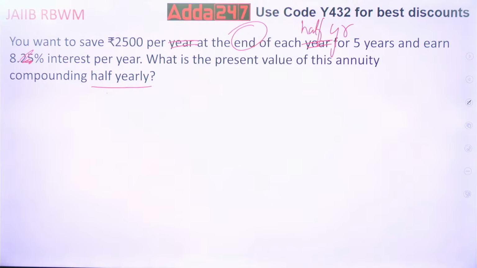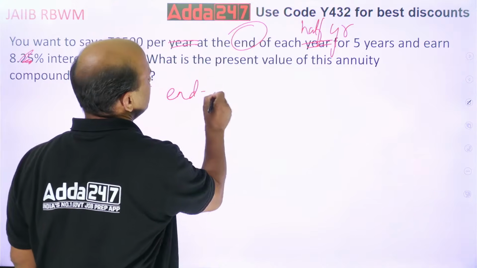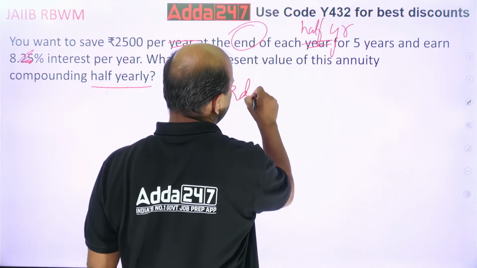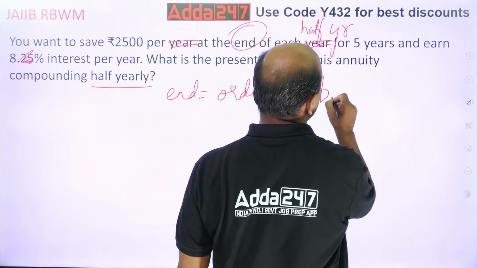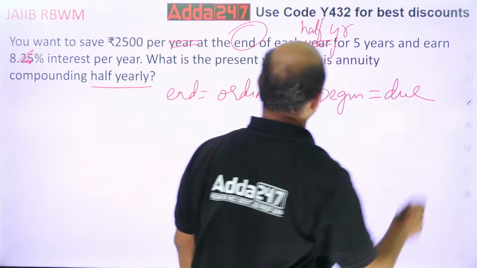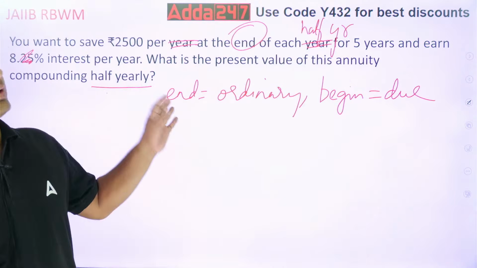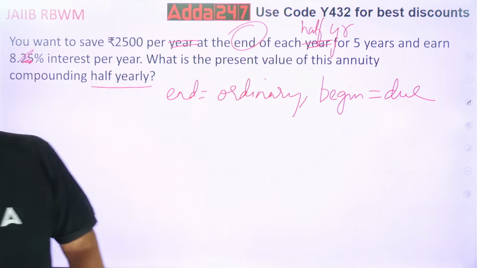Correct? End means ordinary. Very good, Danishka. End equals to ordinary, and begin equals to due. End is always ordinary.